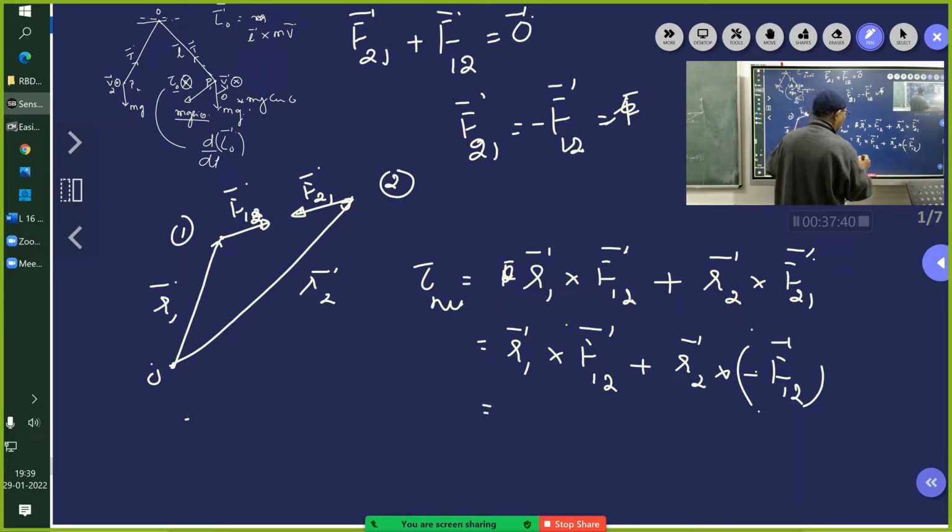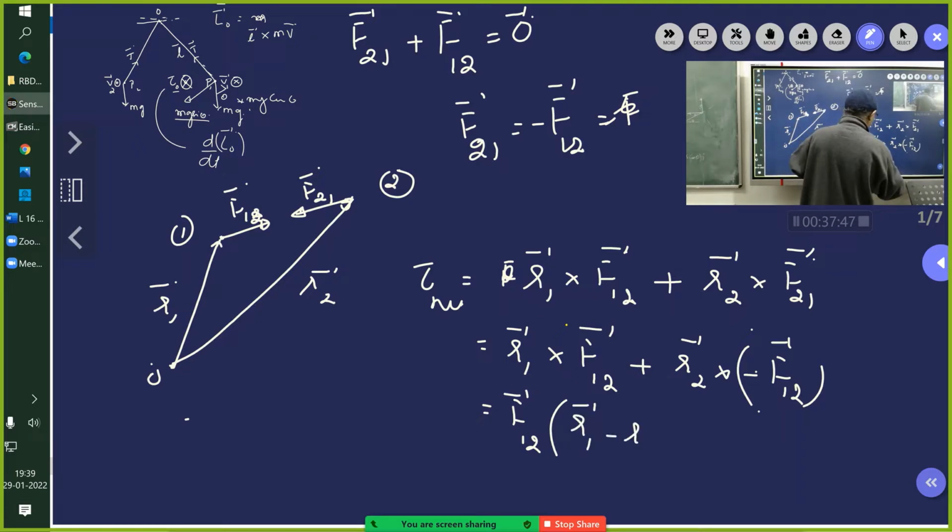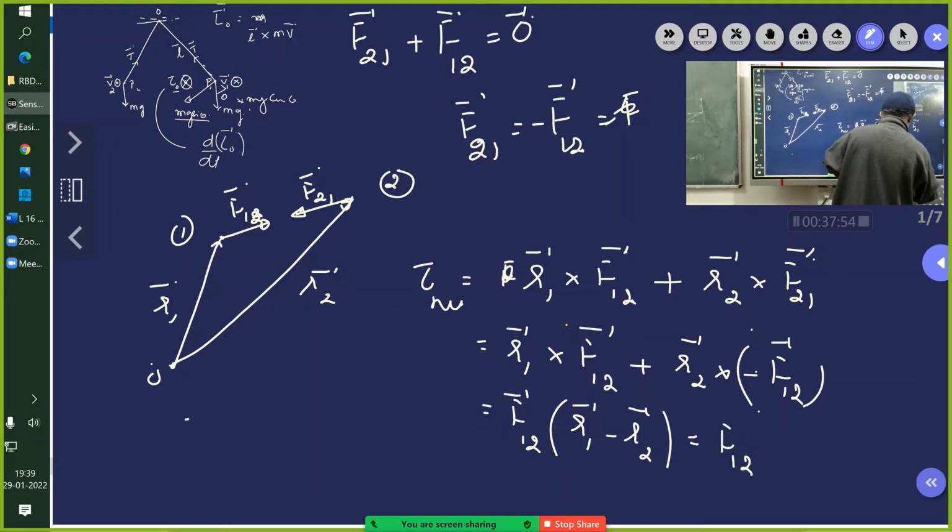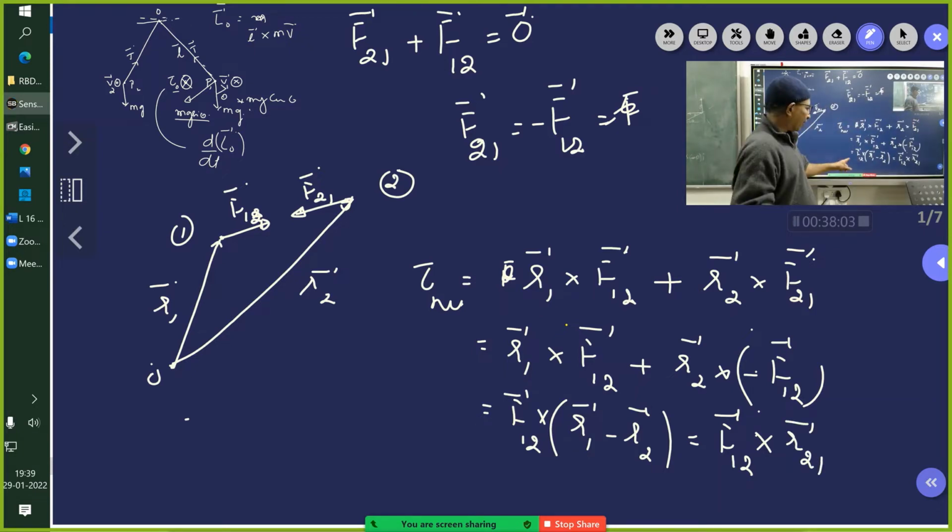I can pull out F12 bar, and then I will get R1 bar minus R2 bar. So this is going to be F12 bar cross R21 bar. R1 bar minus R2 bar, we write it as R21 bar. Now R21 bar and F12 bar are collinear, and therefore this becomes 0.